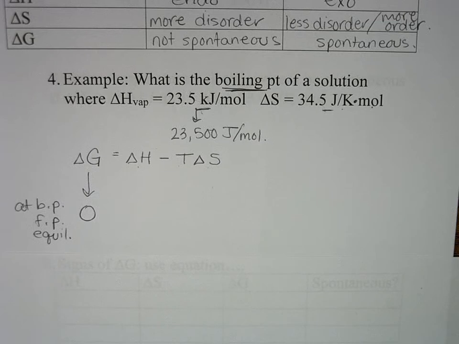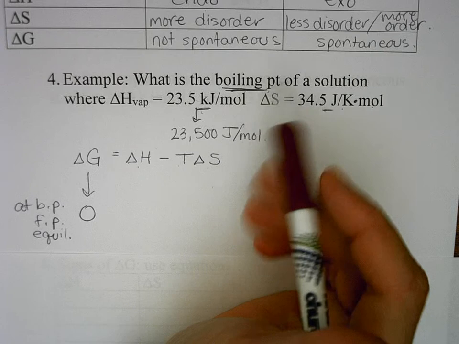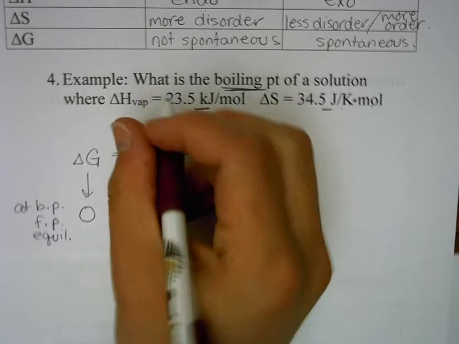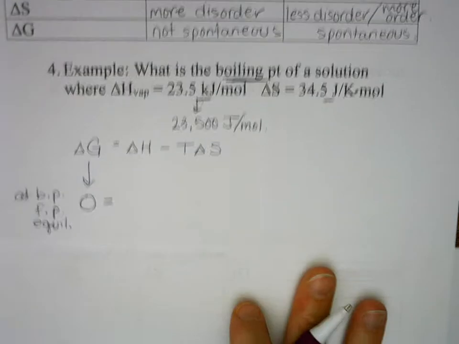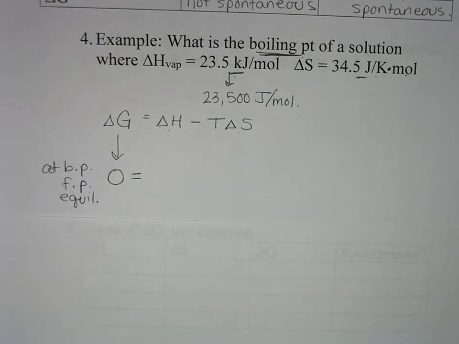So, since I'm solving for the boiling point temperature, I can plug in 0 for delta G, and then if I plug in the other two numbers I know, I can solve for the temperature.